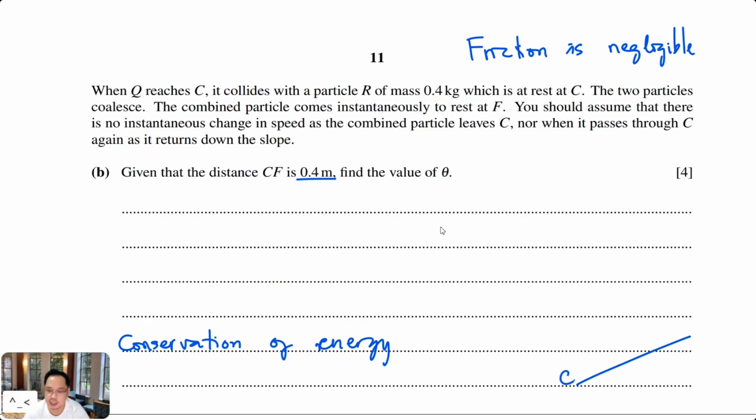Here is the diagram, the distance CF that it traveled, which is 0.4 meter, and I'm talking about this height. We can find this new height simply using trigonometry, the sine and cosine.